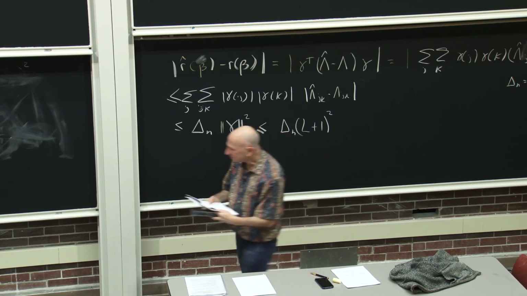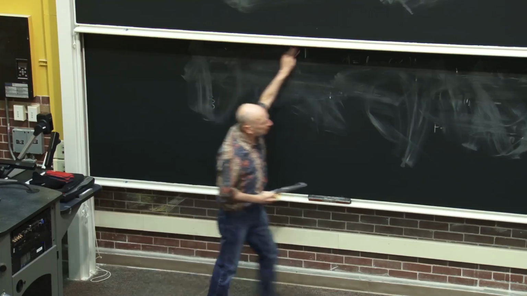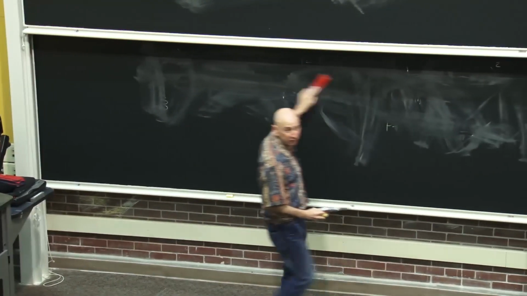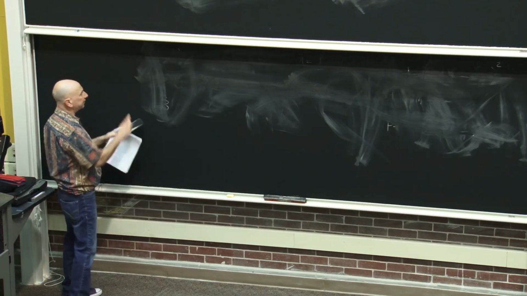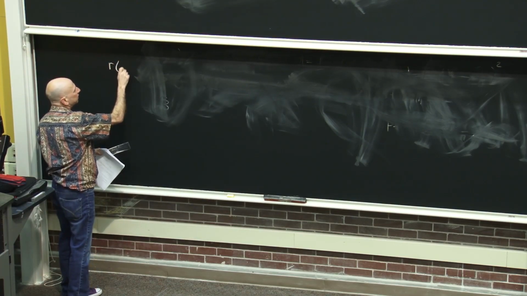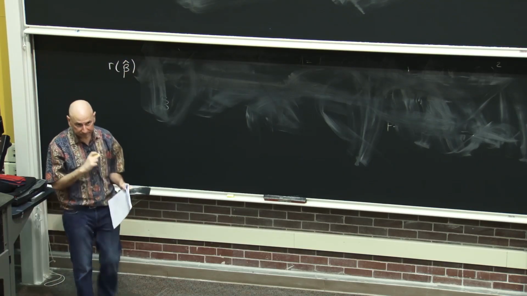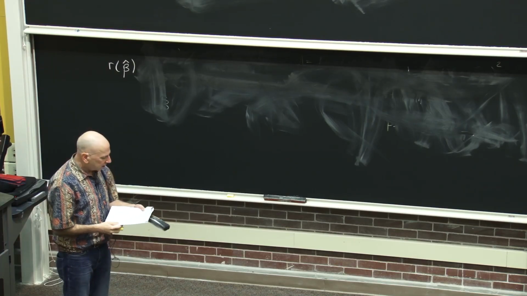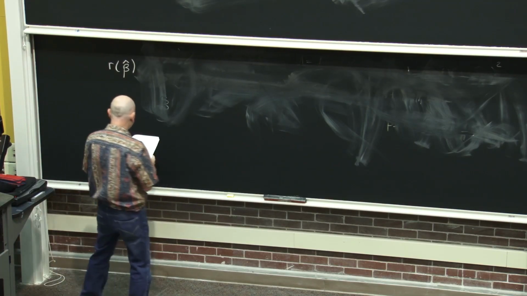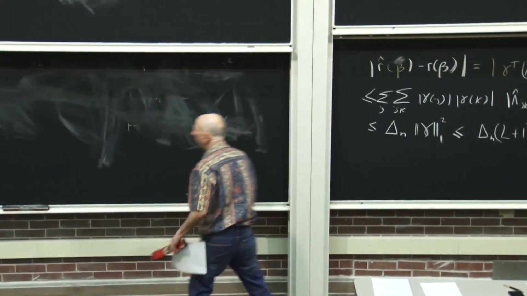Okay. Before we bound delta n, though, let's bound the risk now. So we're going to use a string of inequalities that we've used before for bounding risk. Very, very simple but useful thing. We're interested in this. We just figured out how far apart r and r hat are.